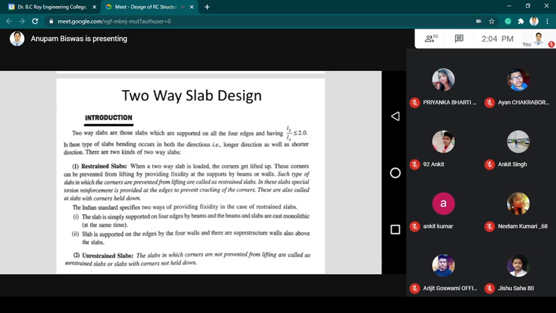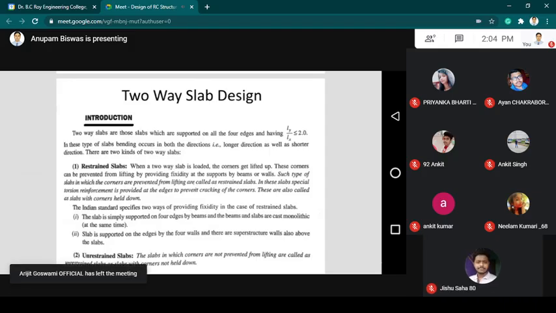So based on their support condition, they could be again classified into two types. One is restrained slabs and another is unrestrained slabs. In restrained slab, the two-way slab in which the corner will get lifted.